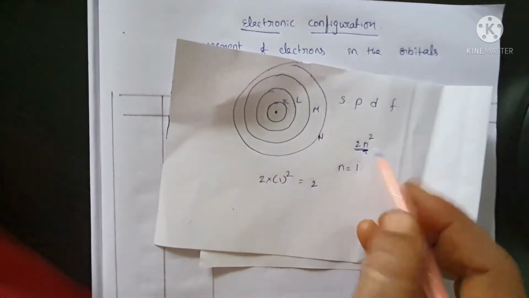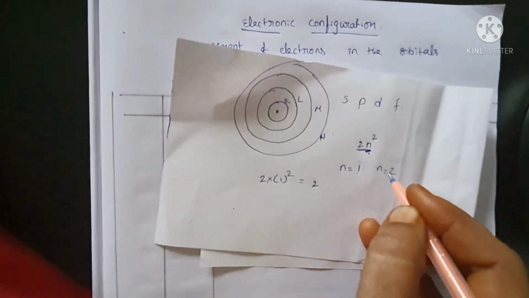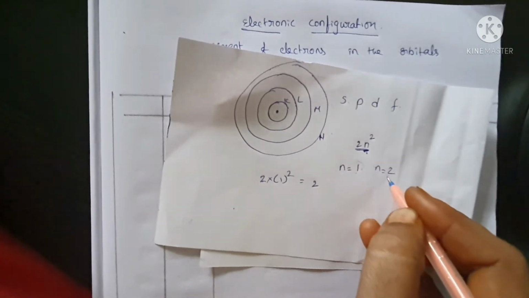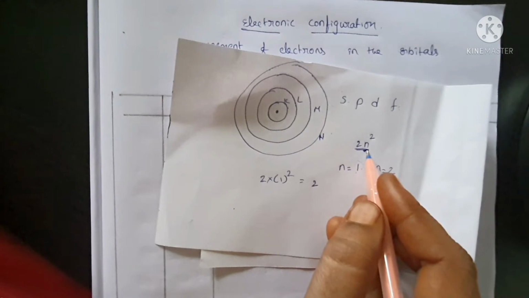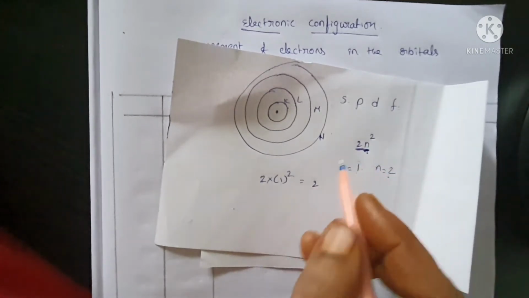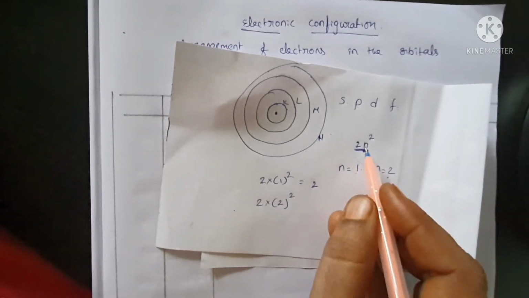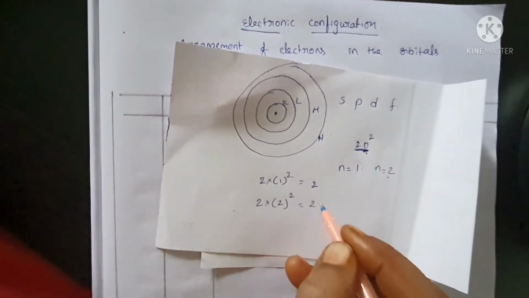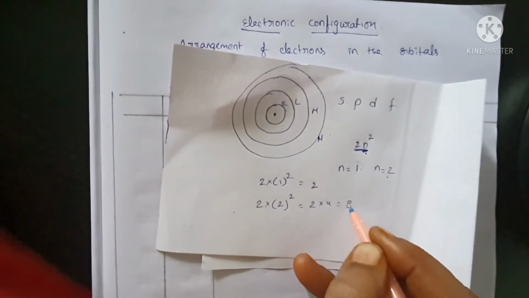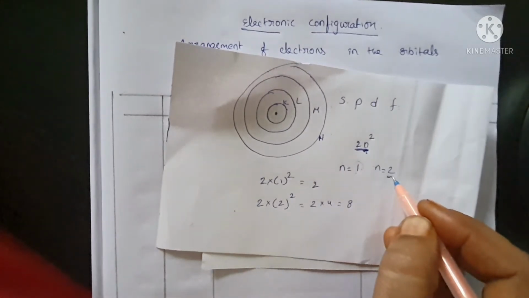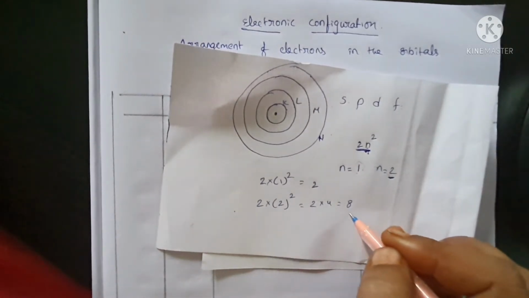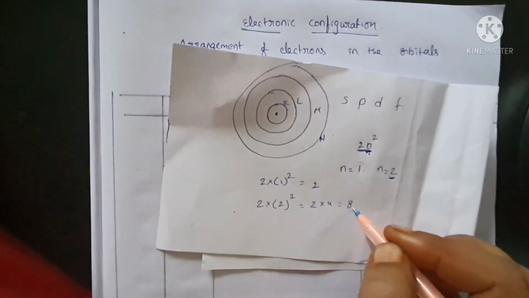If n equals 2, shell number equals 2, so the total number of electrons present in that shell is 2 into 2 square, that is 2 into 4, which equals 8. So in the second shell, the total number of electrons occupied is 8.